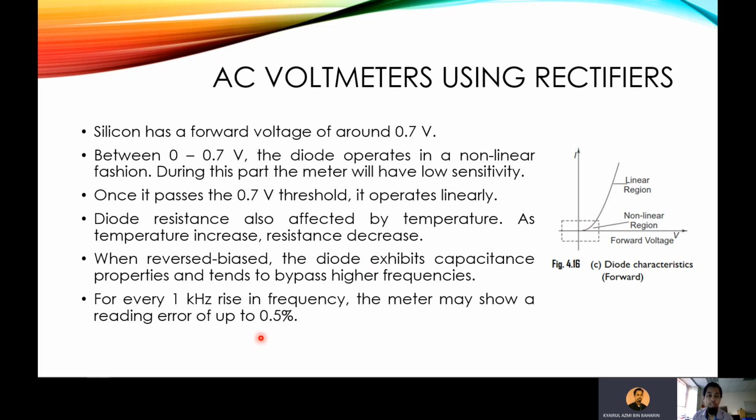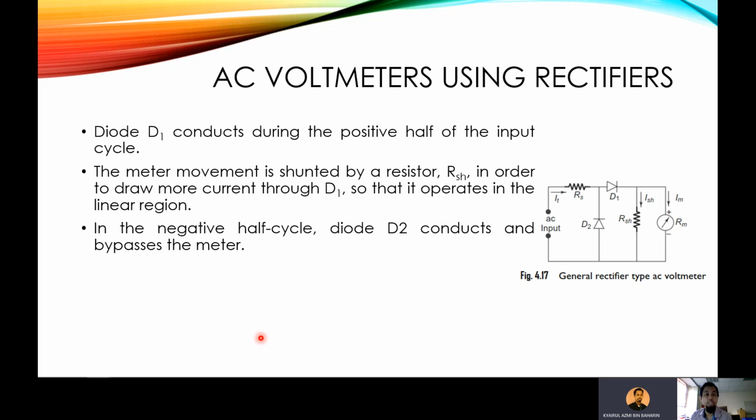All right. So a typical basic configuration of a general rectifier, a half-wave rectifier, we will see this type of figure. We have RS, which is the multiplier resistor, and then we have diode D1. Diode D1 here is what is going to filter the voltage and current waveform.